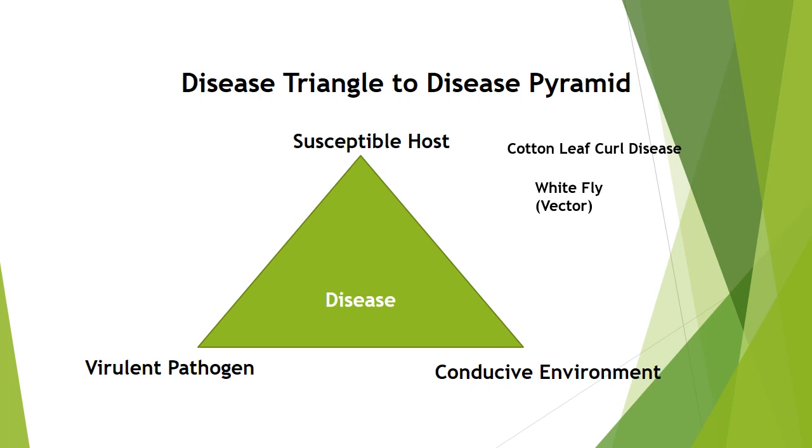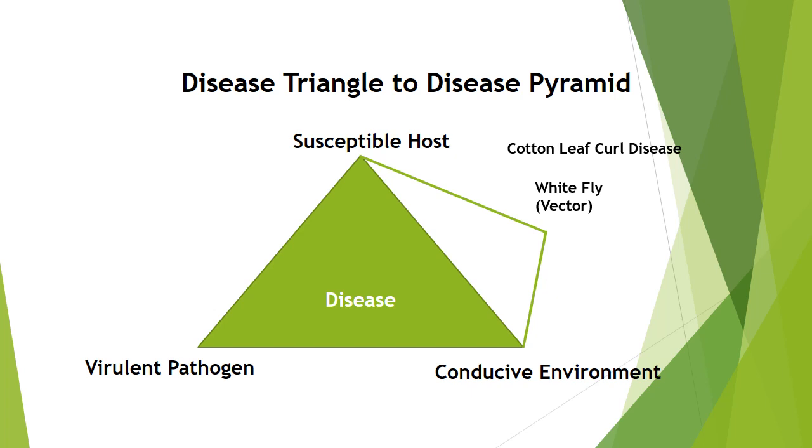But the problem is that in the disease triangle, there is no space left for such an important key player. So we can't place the whitefly in this disease triangle. So later plant pathologists thought we should extend the disease triangle in a way that this vector can be accommodated.